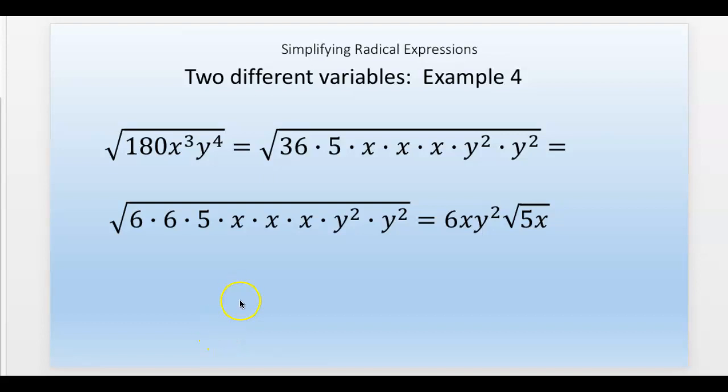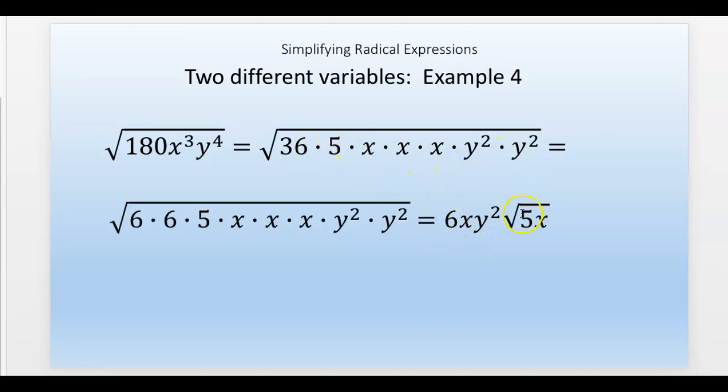Guys, sometimes we use 2 different variables as well, an x and a y. Don't let it worry you. Just divide it up the same way. In this case, 180 has a perfect square factor of 36. 36 times 5 is 180. So the square root of 36 is 6, so it comes outside.